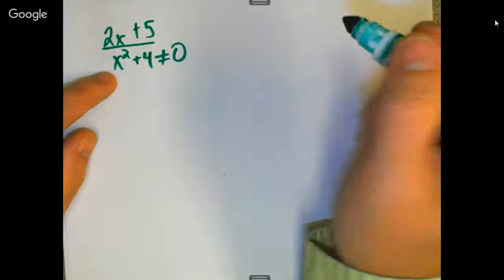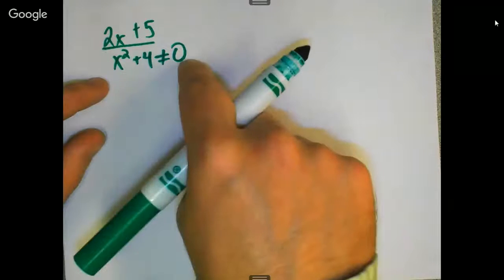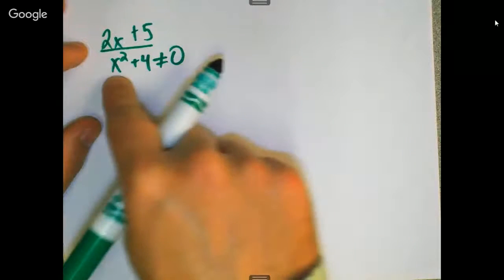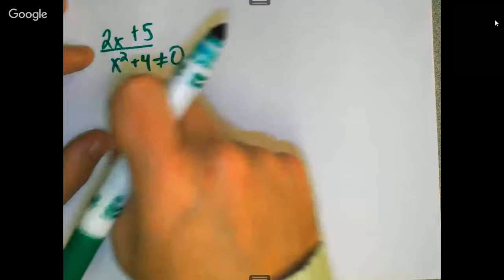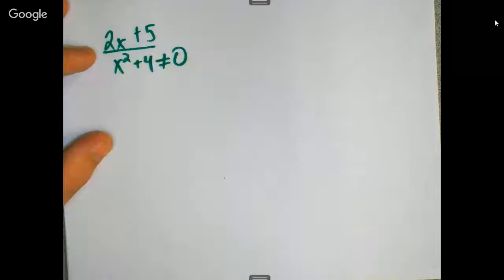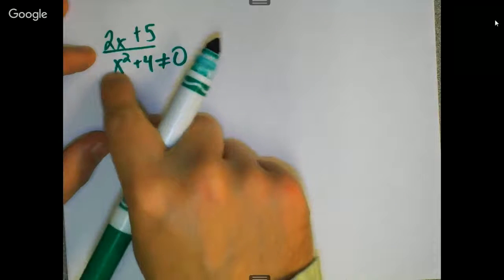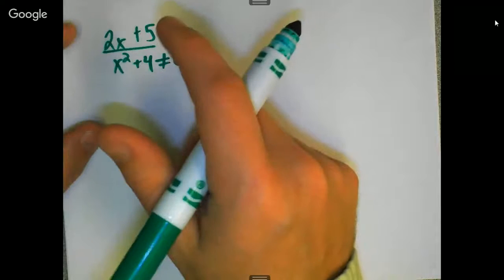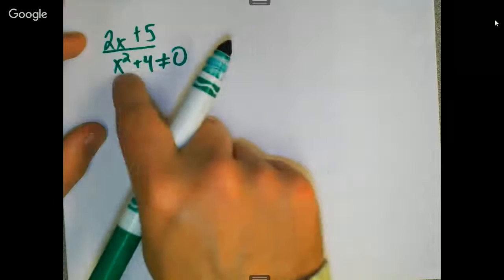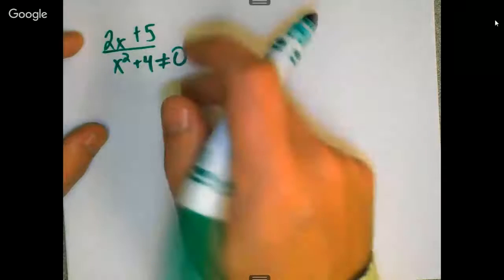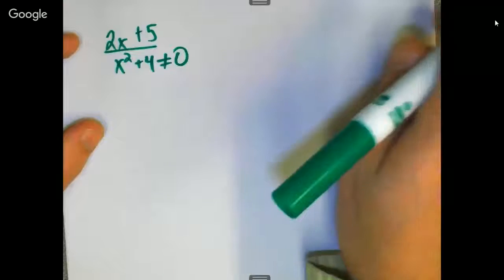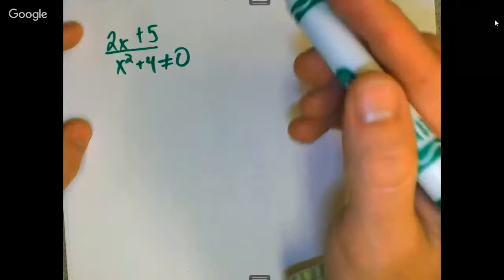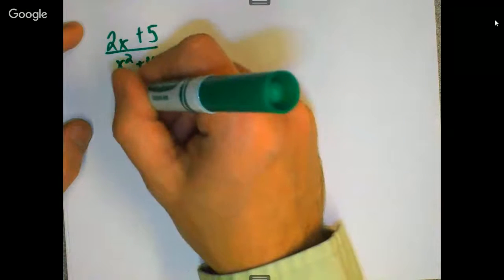Well, what number would make this equal to 0? In this case, I can't even factor this. No matter what number I put in here, it's always going to be positive. It'll either be 4 or 4, and 4 plus 4 is not 0. So this has no domain restrictions.